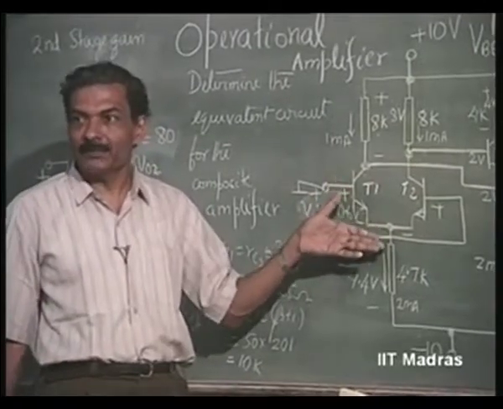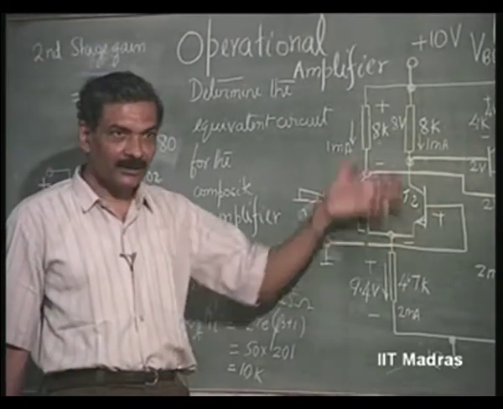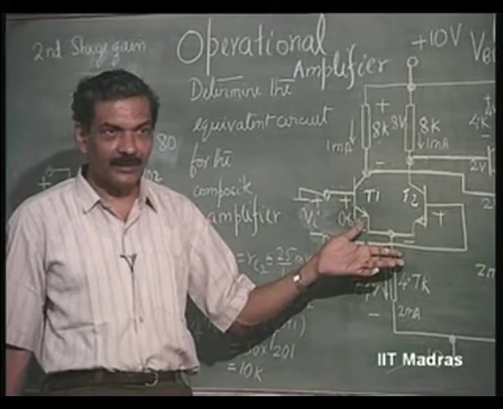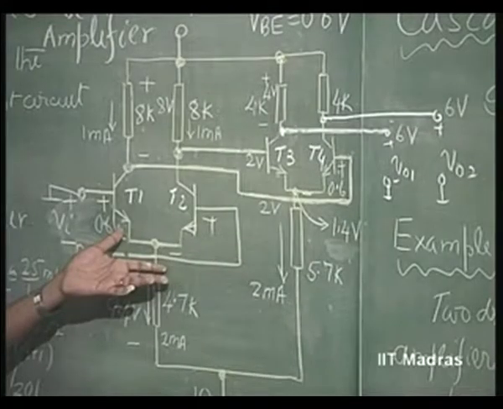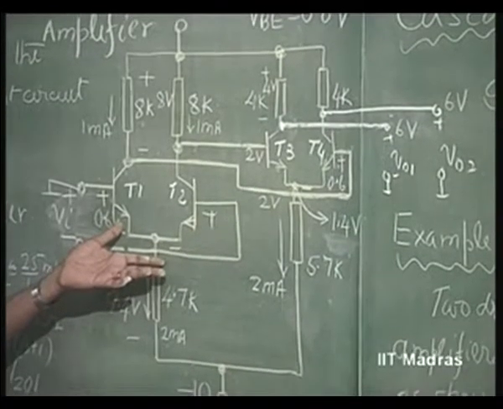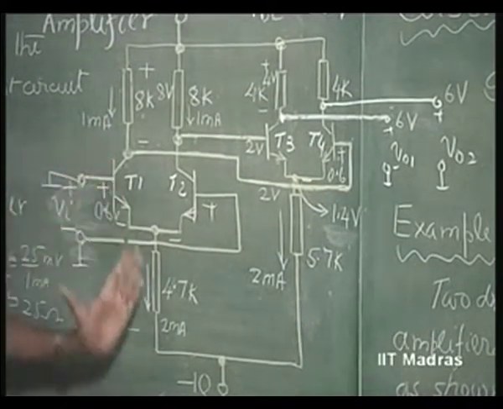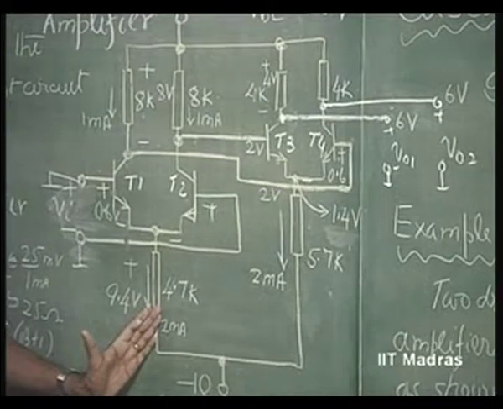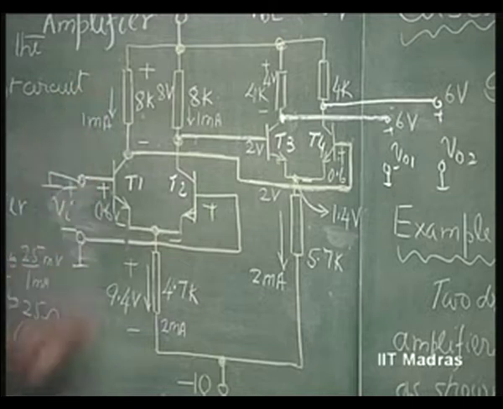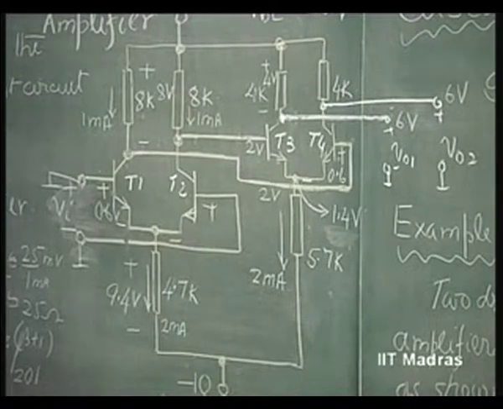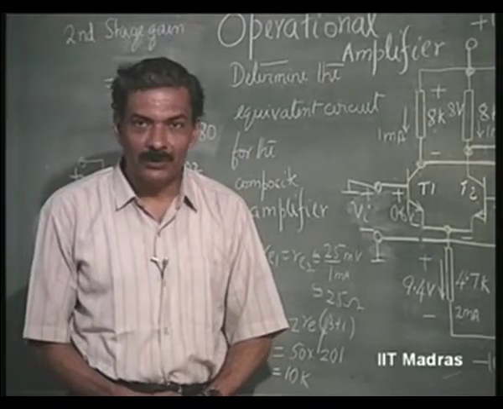Of course, gain is going to be reduced, this stage gain is going to be reduced, that is the price you are paying for, okay, for making the input impedance high. So, whenever I try to boost up the input impedance by making the current low here, the gain also falls. But the first stage of any amplifier has major responsibility of not gain, but input impedance and common mode rejection ratio.